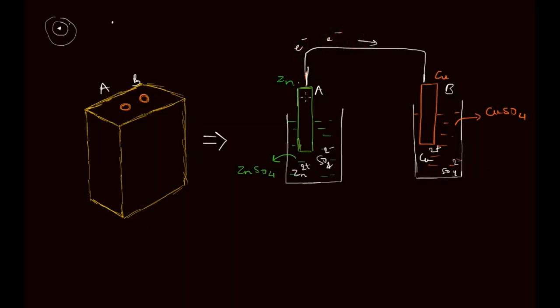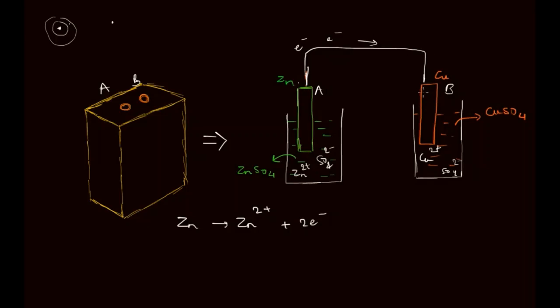In this direction there will be a flow of electrons. So when the flow of electrons happens, what will happen at the zinc rod? At the zinc rod you have zinc, but now the electrons will flow, so zinc ions will get created, plus 2 electrons. These electrons will move from zinc to the copper rod.